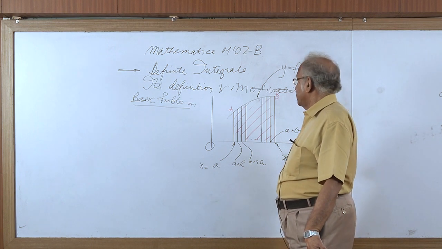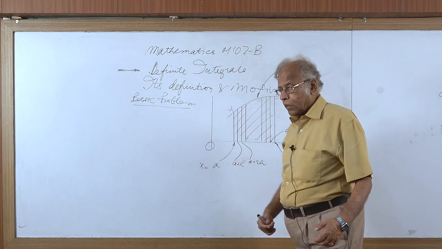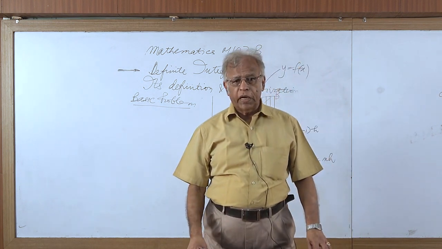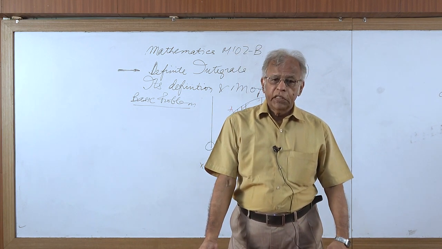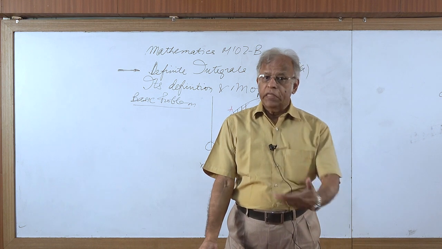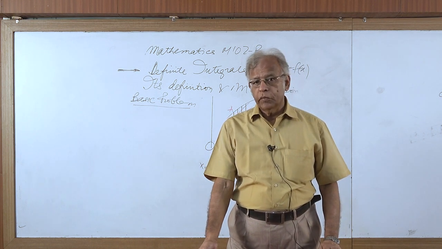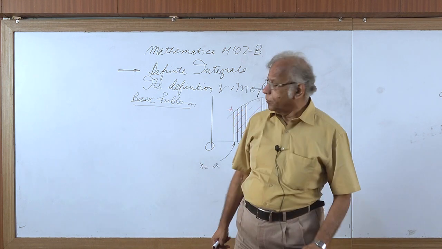But there must have been a motivation somewhere at some point of time for which the concept of a definite integral came in. In fact, the concept of integration originated from this fundamental problem.